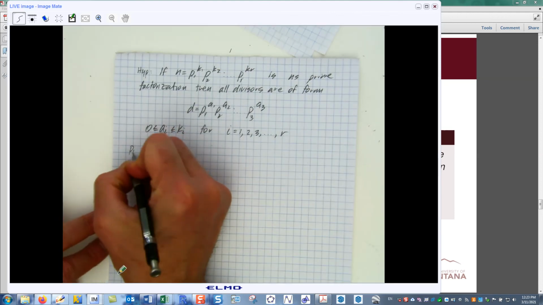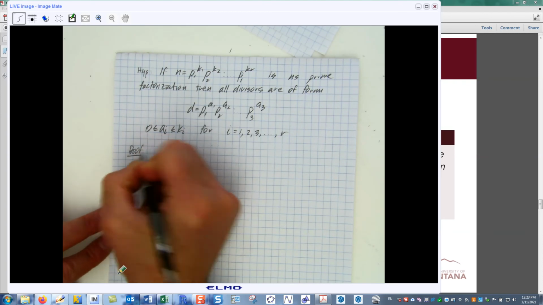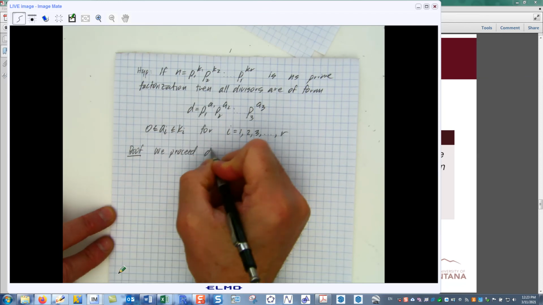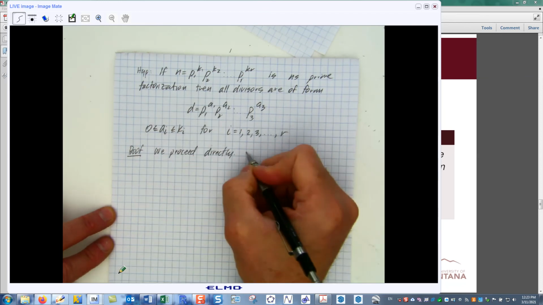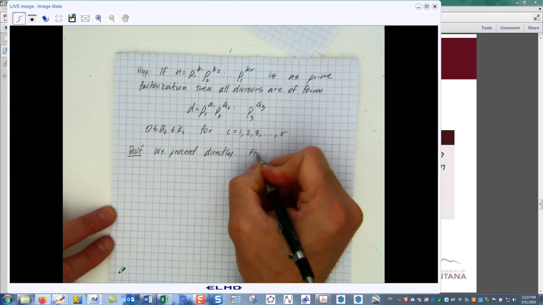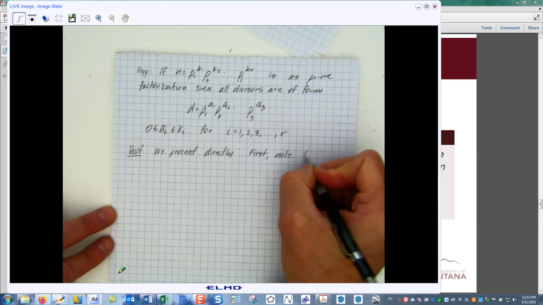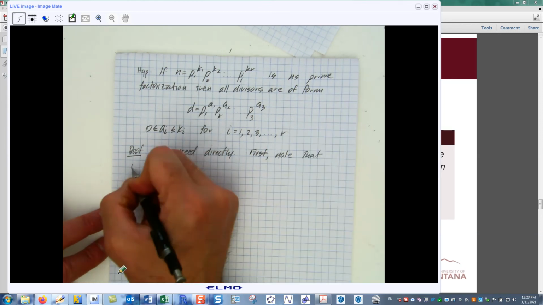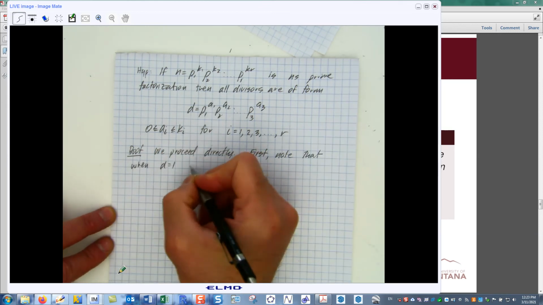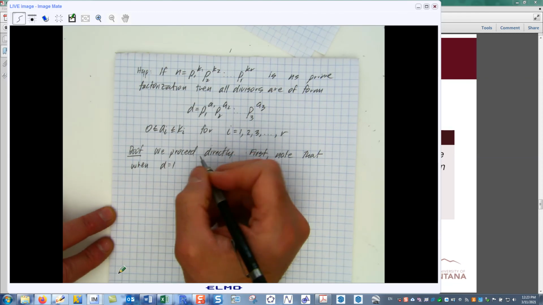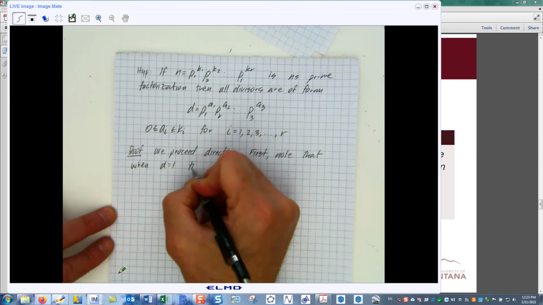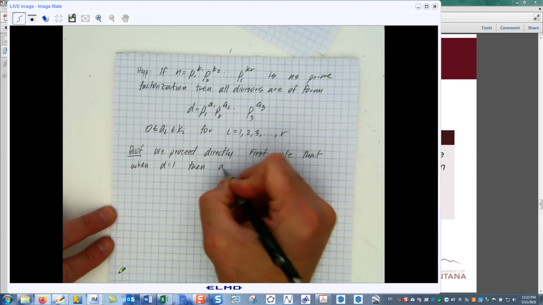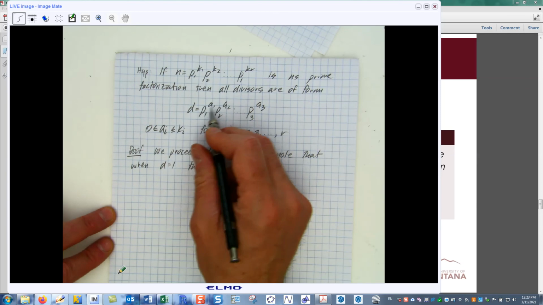And what does our proof look like? We proceed directly. First, note that when d is equal to 1, all of these have to be 0.